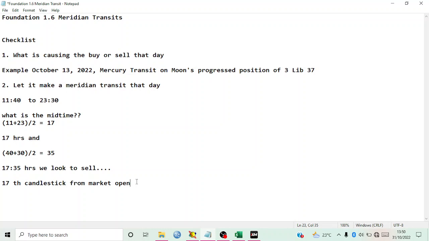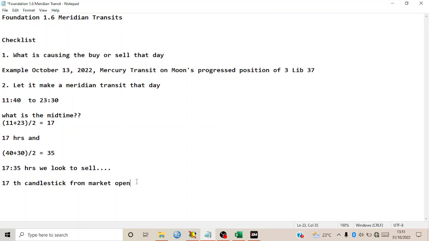The moon transits are the ones that give the exact precise time and the exact good price point where the market will not move beyond that point for the rest of the day, depending on whichever direction you have gone with. So always remember that as much as the Meridian transits work like this, please stick to the timings for the moon transits.